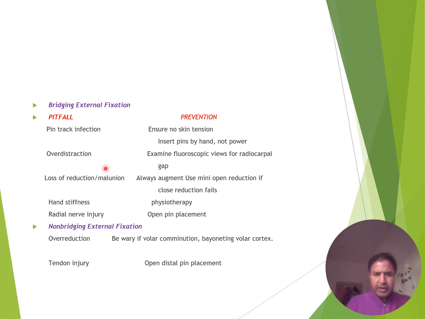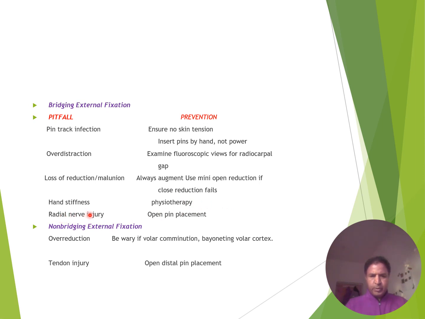Over distraction: examine the fluoroscopic view for the radiocarpal gap. Loss of reduction, malunion: always augment. Use minimal open reduction if closed reduction fails.